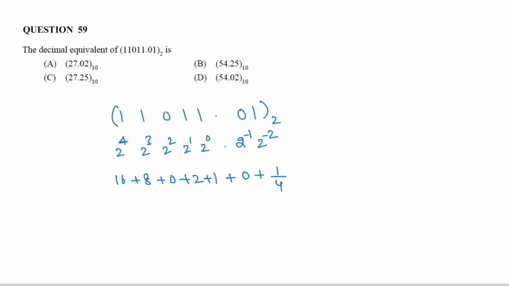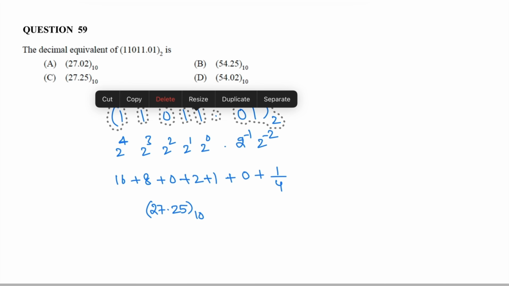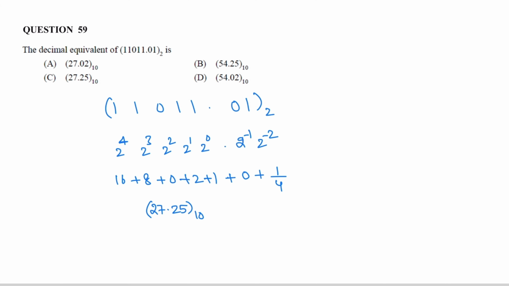So 24, 26, 27, 27.25 base 10. So the correct option is 27.25 base 10. Correct option is C.